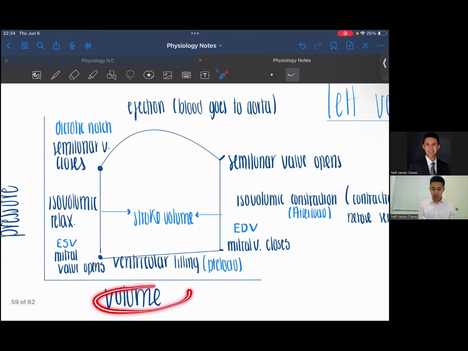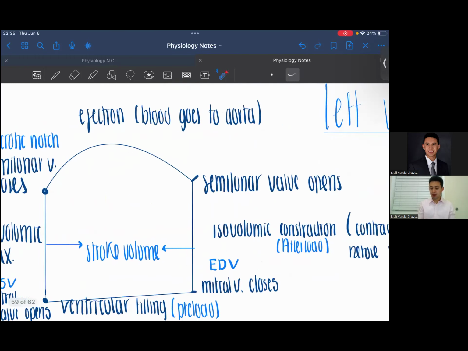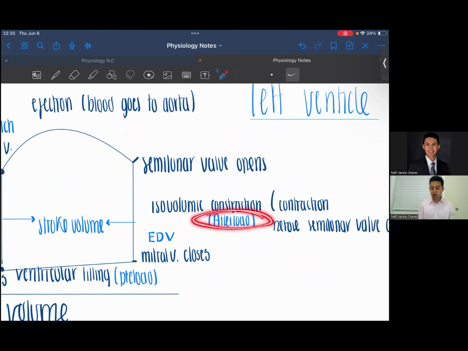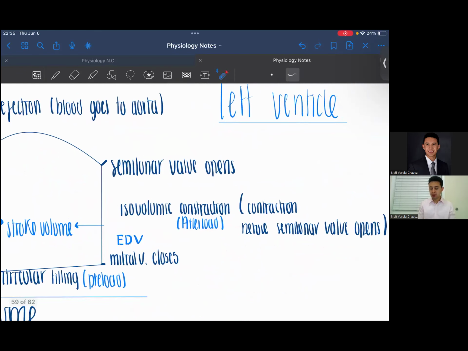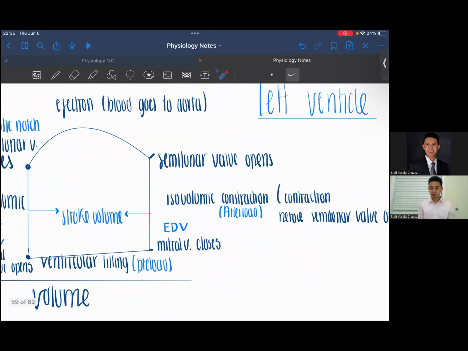Volume is not going to change. We call this isovolumic relaxation, and we repeat the cycle. Mitral valve opens. We form this preload. Then we have the afterload, that is the isovolumic contraction, and the contraction that we need. The afterload is like the pressure that we need to open the semilunar valve, and preload means the volume that we need to open the semilunar valve.